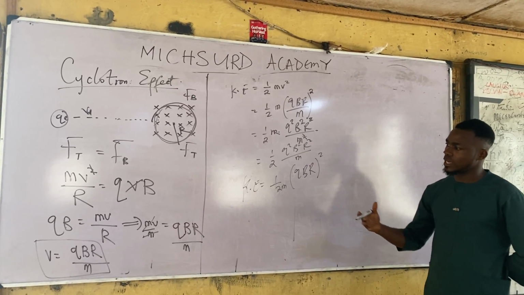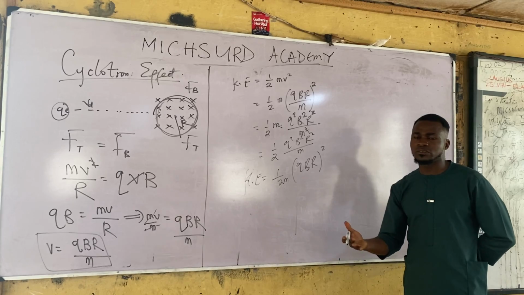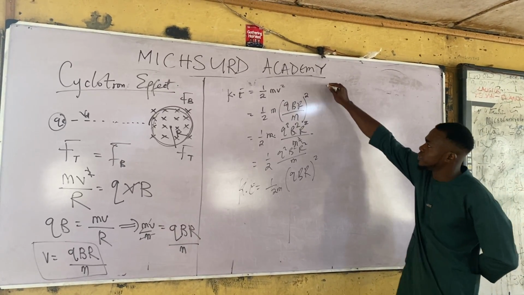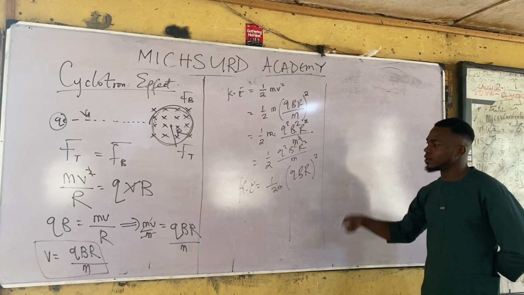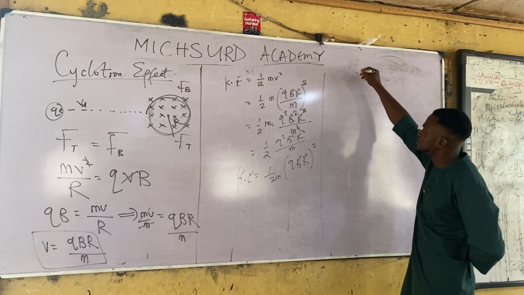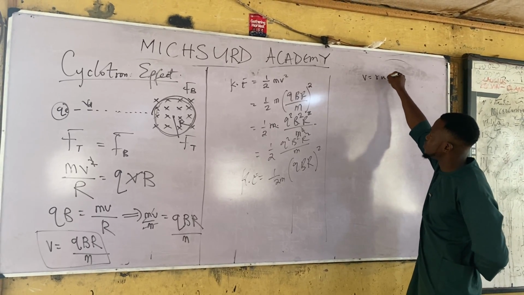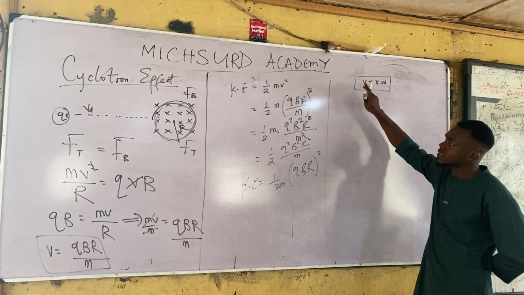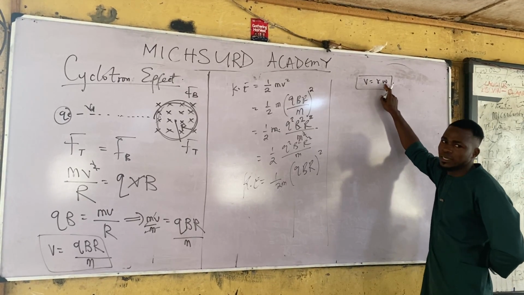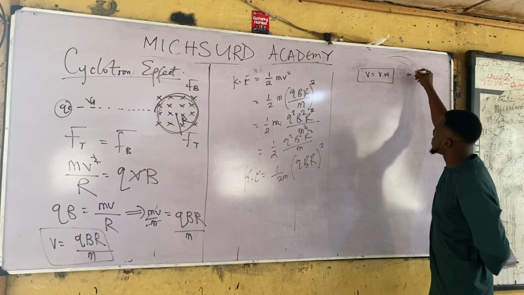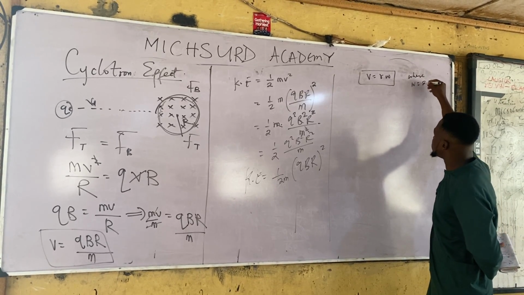Another factor we can get is the period and the frequency of the cyclotron. To derive the period and the frequency of the cyclotron, we go back to the formula which says that v is equal to rw. This gives us a relationship between the linear velocity and the angular velocity. One from here can see that w is 2 pi f.